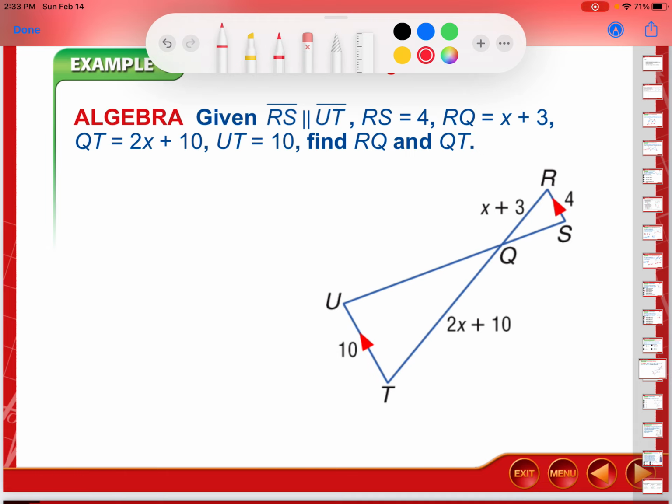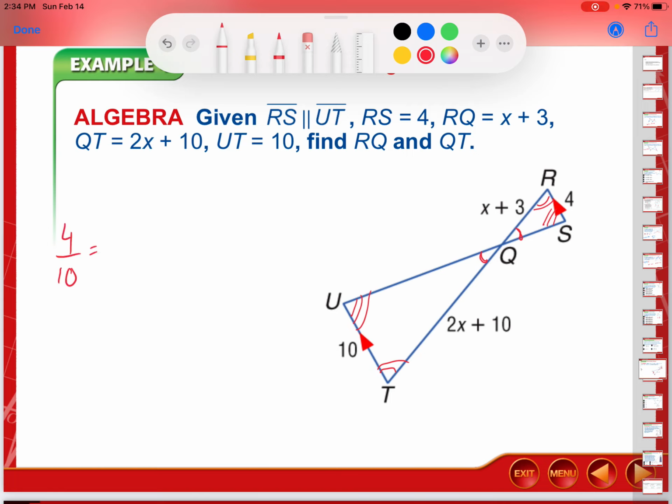So, first thing we would of course want to do is prove that these are similar, which we can assume they are based on these two angles being vertical, these angles being congruent as well based on alternate interior, and same with U and S being alternate interior. So we know the triangles are similar. Lovely.